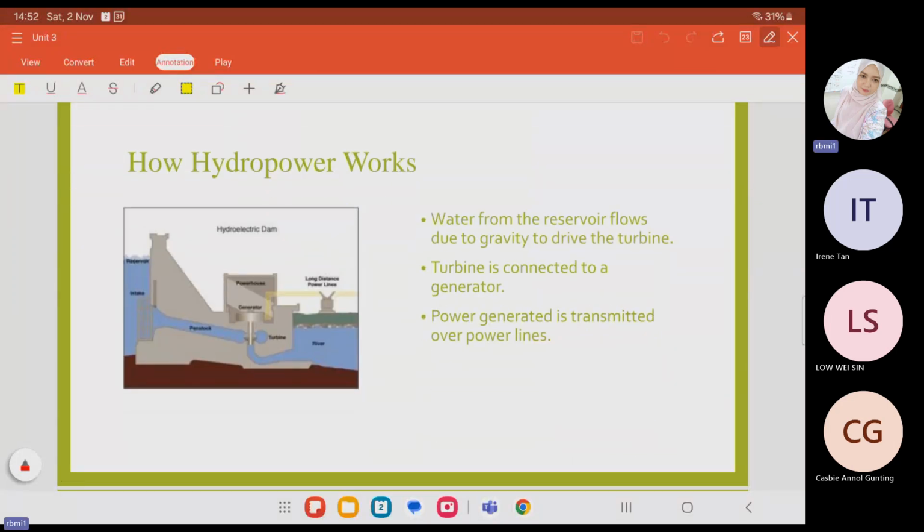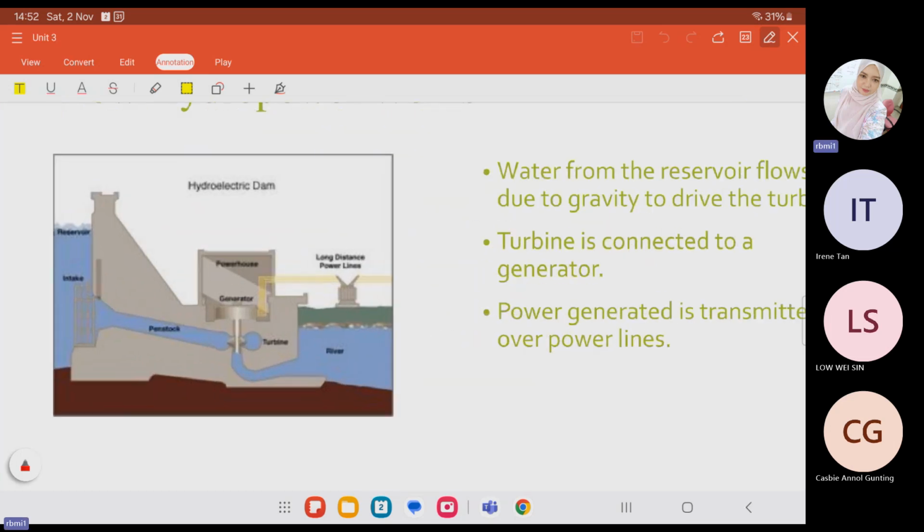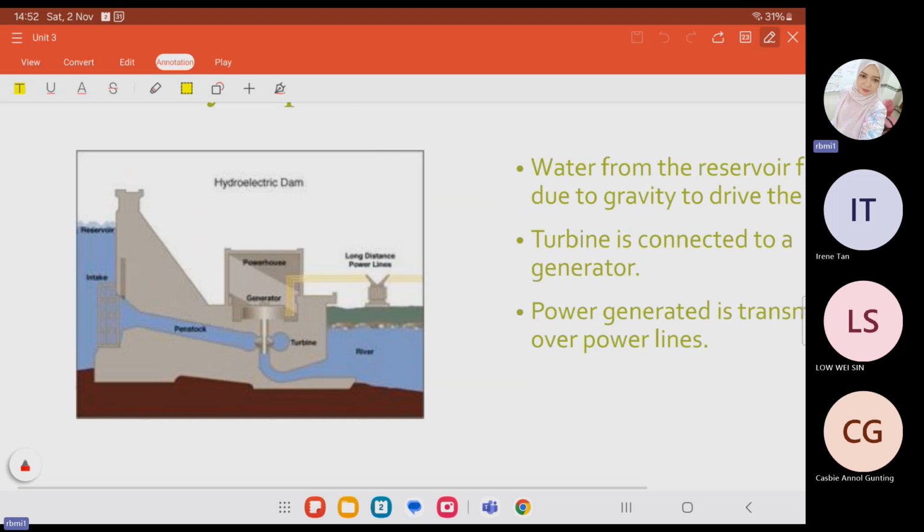Okay, this is how hydropower works. Water from the reservoir flows due to gravity to drive the turbine. The turbine is connected to the generator, and from the generator we get electricity that is connected over the power lines.